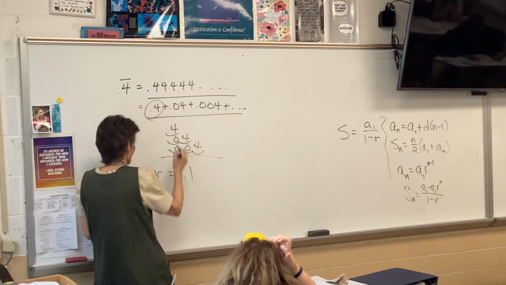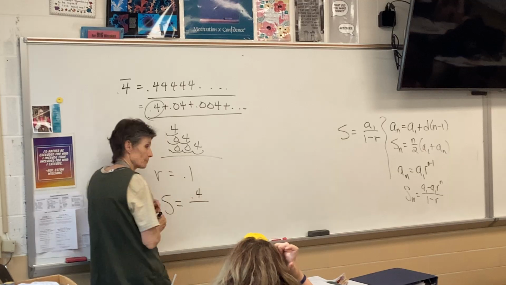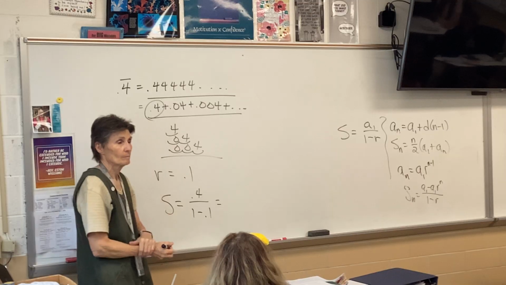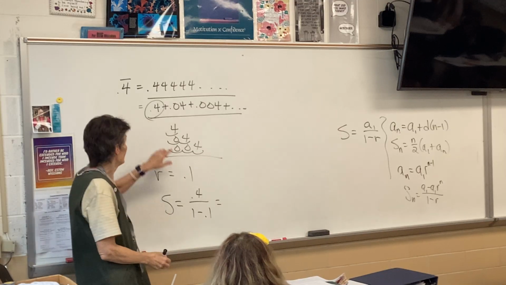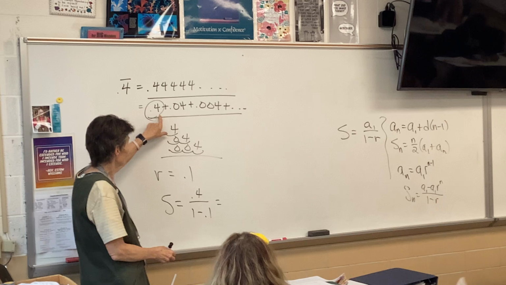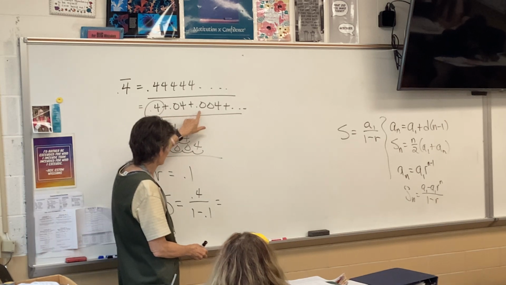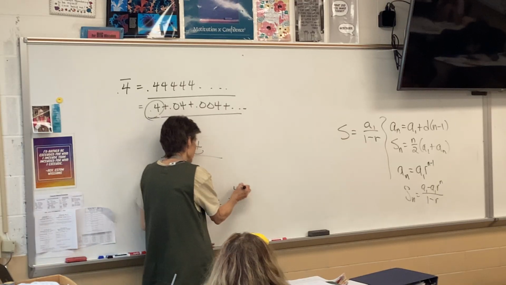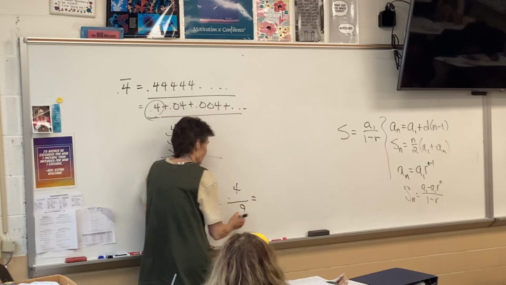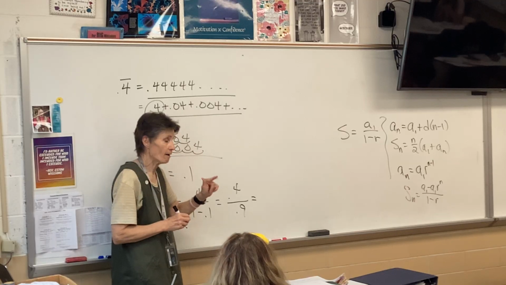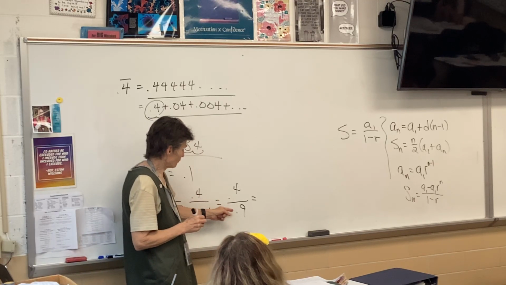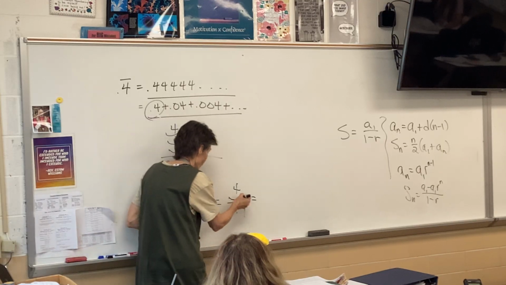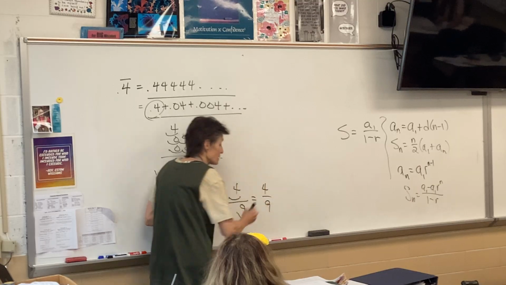So the first term is 0.4, and the ratio is 0.1, because I keep moving an additional place. What's 1 minus 0.1? 0.9. And when you have 0.4 over 0.9, you can multiply both by 10. Just move it one place. And the fraction is 4/9ths.